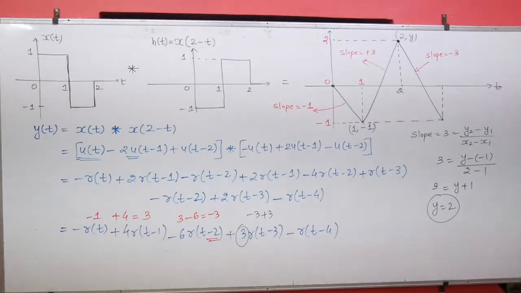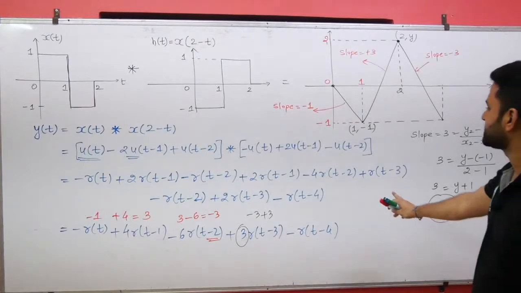Why is 4 RT minus 3 coming? I think I missed this point.